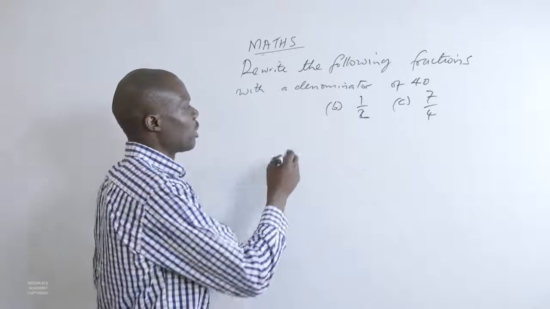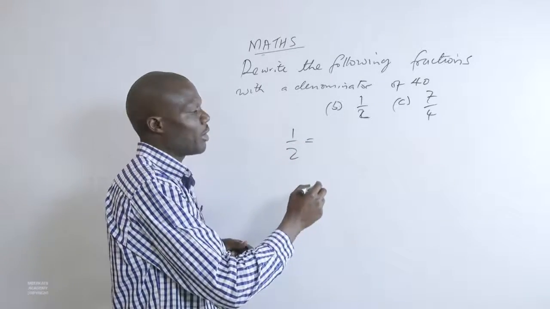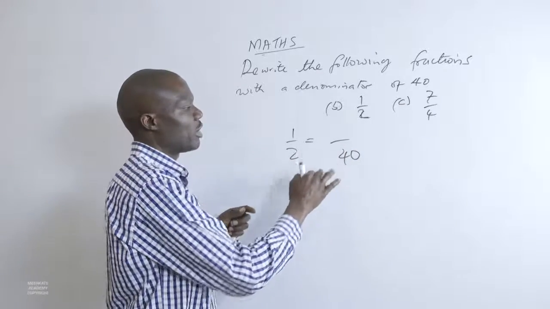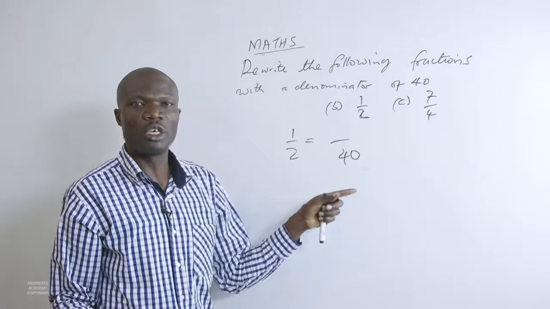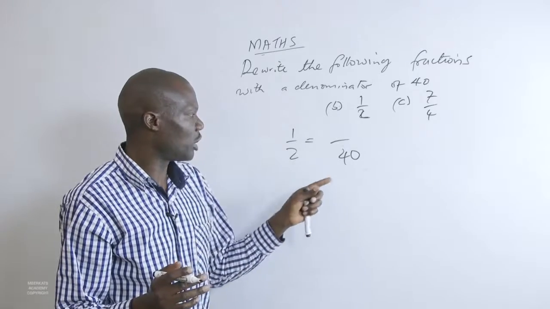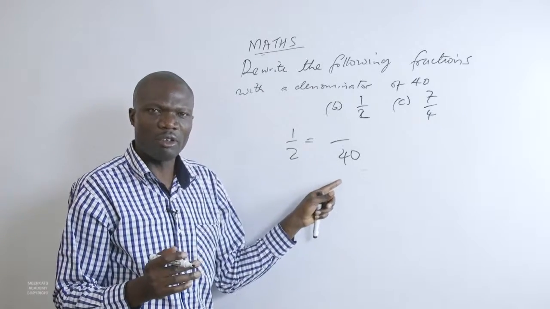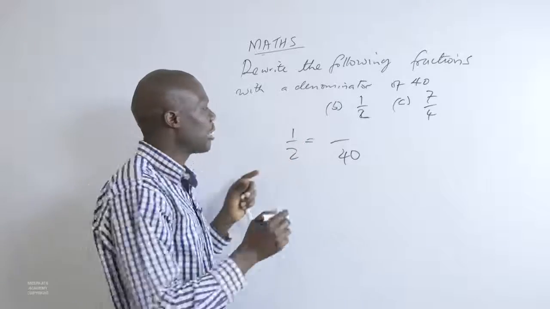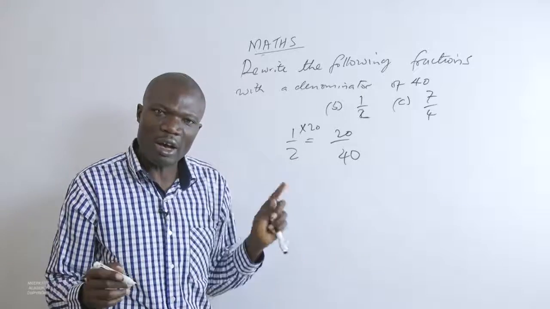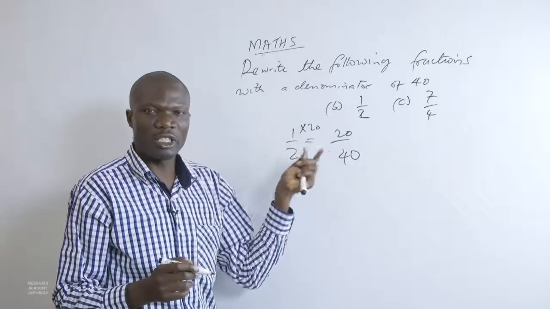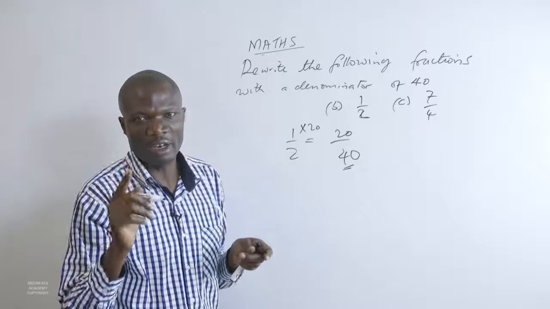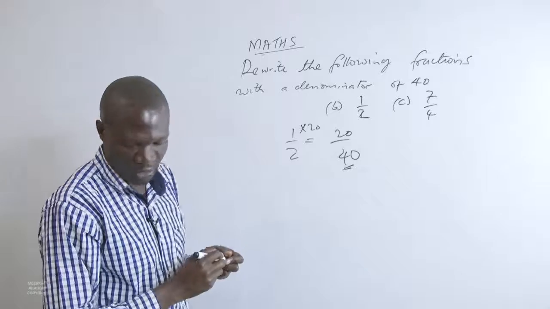Similarly, when you look at a half, what happened to 2 to give us 40? 40 divided by 2 is 20. Therefore, 2 times 20 is 40. We should do the same to the numerator, so we multiply by 20, and you get 20. So a half is the same as 20 over 40. So a half and 20 over 40 are equivalent fractions.